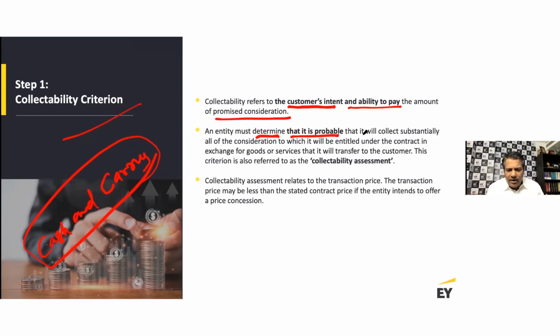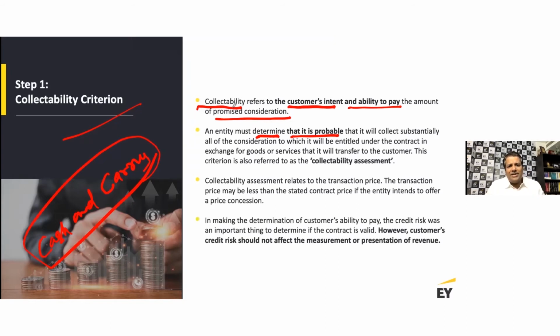Then you have to make this collectibility assessment with reference to 80, and 80 is your revenue, because 20 is then discount. Whatever is going to be your revenue, that is what you have to assess the intent and ability of the counterparty to pay, and it has to be probable at the time of recording the transaction.